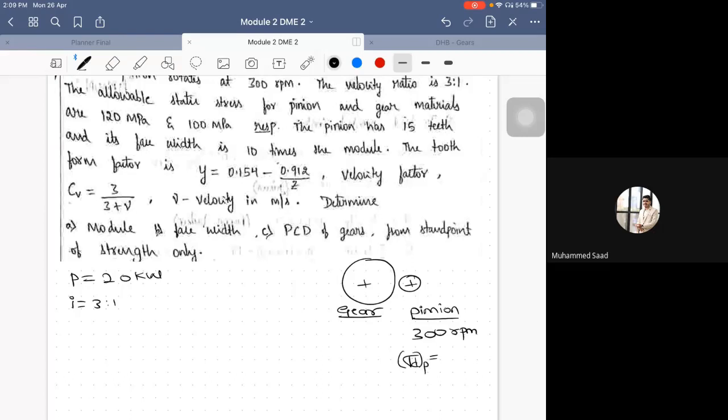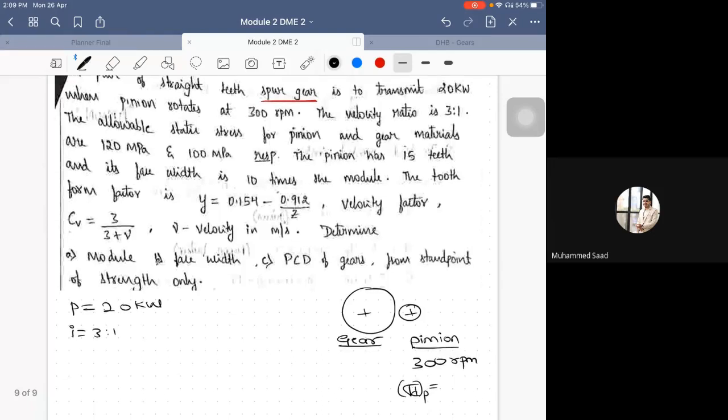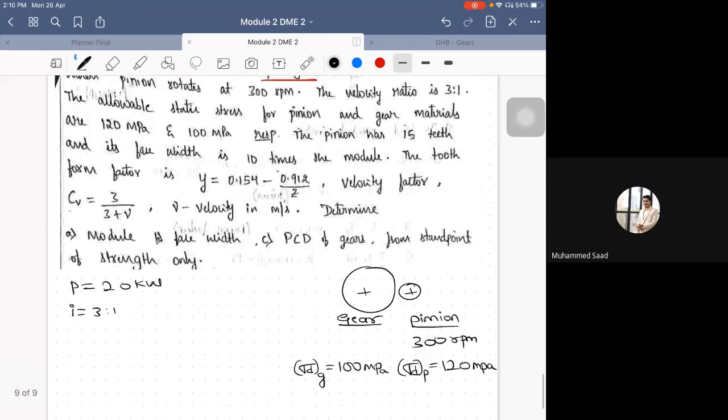So how much has he given? The allowable static stress for the pinion and gear material, both he has given, sigma D. For pinion, it is 120 megapascal, and for the gear material it is 100 megapascal respectively. The pinion has 15 teeth.